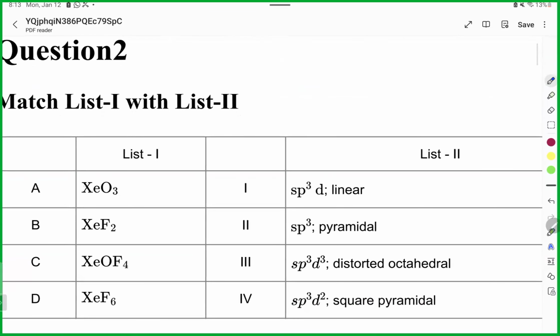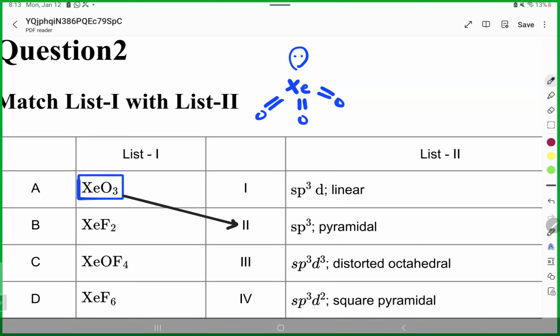Chandana, XeO3. What will be the hybridization and shape? Is this correct? sp3 and pyramidal.